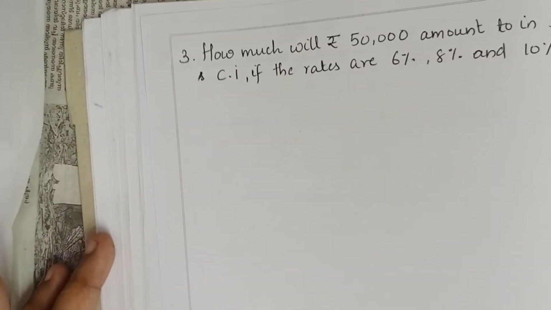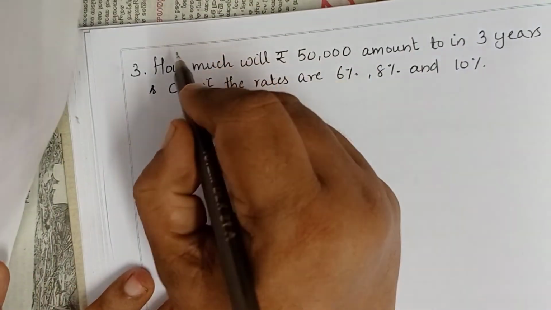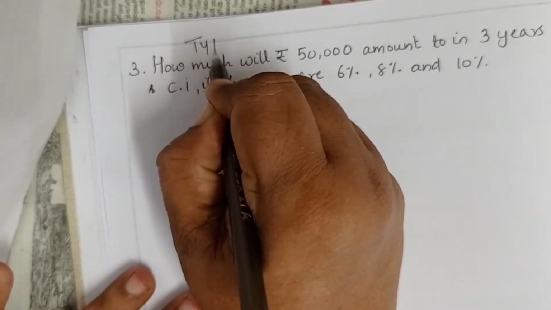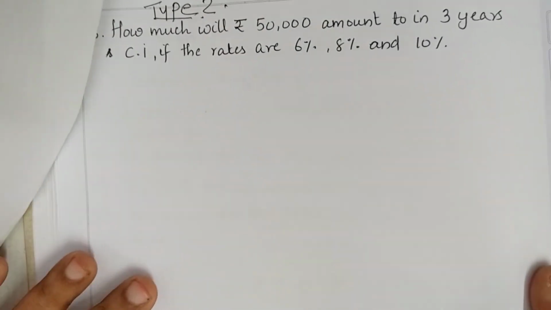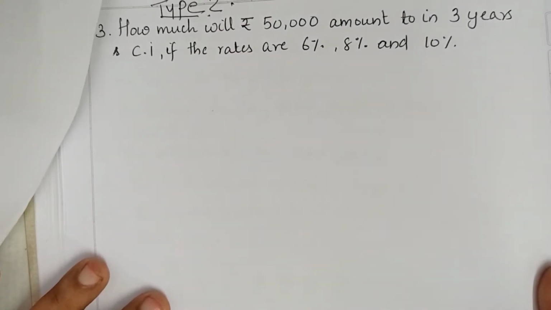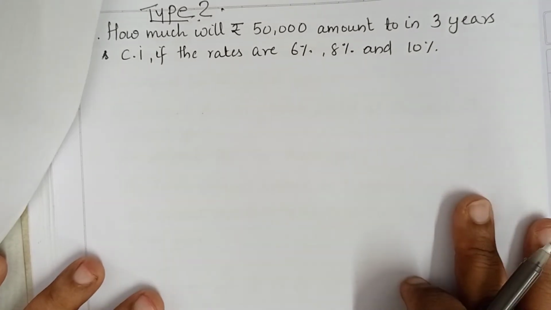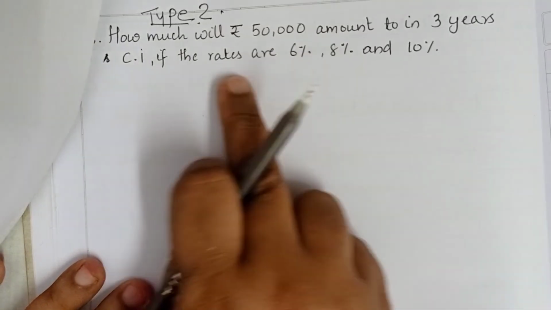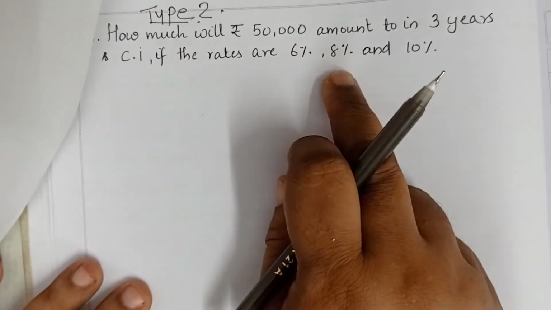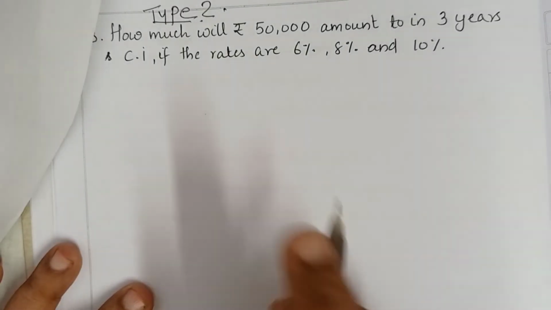Type 2, right? All of you write type 2. The first type is direct compound interest and amount. This is type 2. Right, read the question. How much will rupees 50,000 amount to in 3 years CI if the rates are 6, 8 and 10? Right.